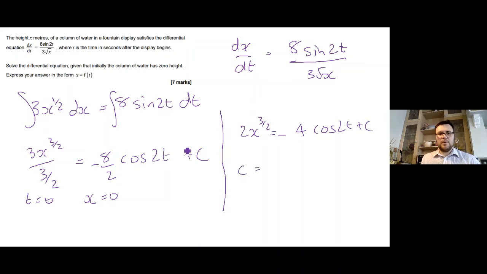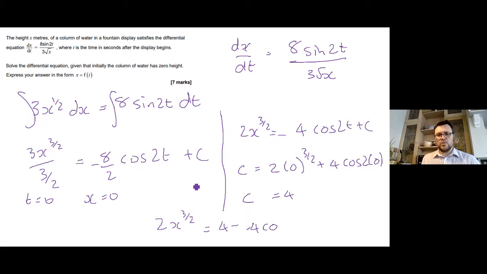So c equals 2 times 0 to the 3 over 2, plus 4 times cos of 2 times 0. So c is equal to 4. The solution that we want is 2x to the 3 over 2 equals 4 minus 4 cos 2t.